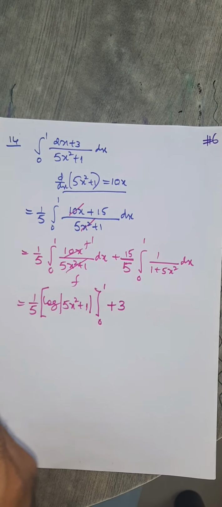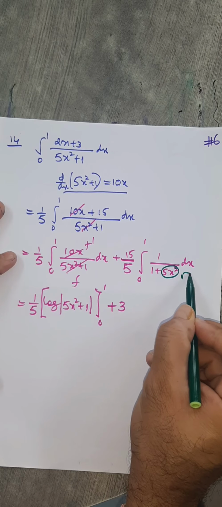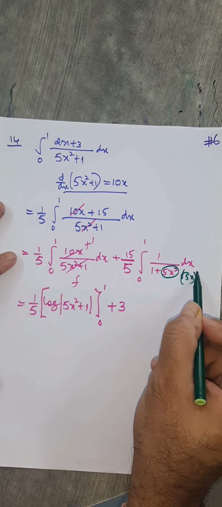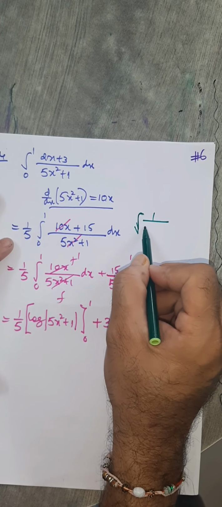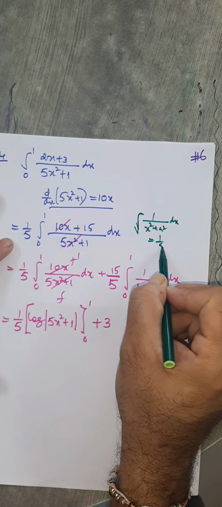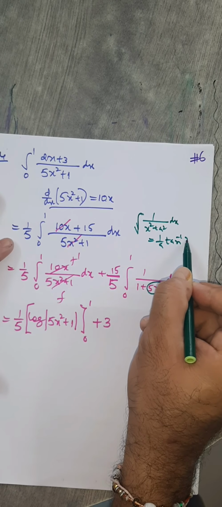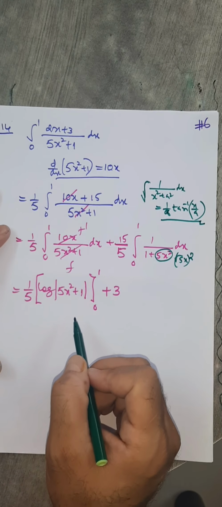How do we integrate this? This is the standard formula, x square plus a square. How do I rewrite this? I write root 5 x the whole square. So then it becomes the formula for x square plus a square. What is that? 1 upon a tan inverse x by a, if you remember. I'm just reminding you of the formula.